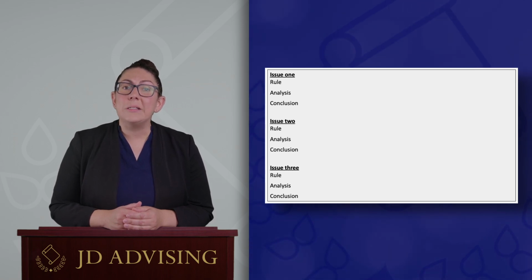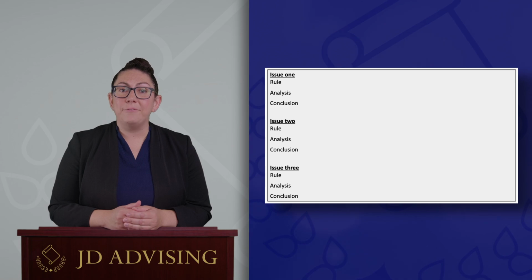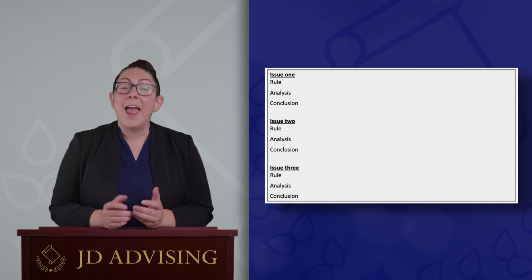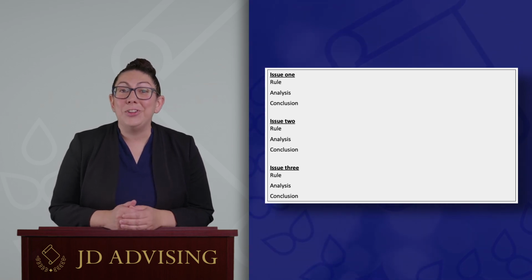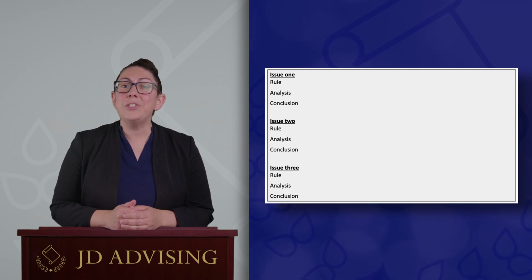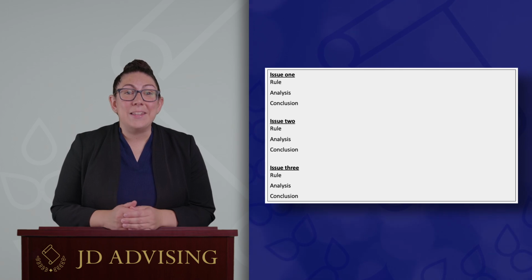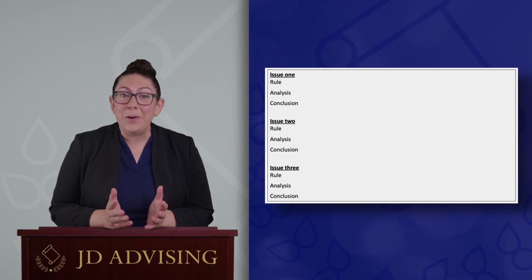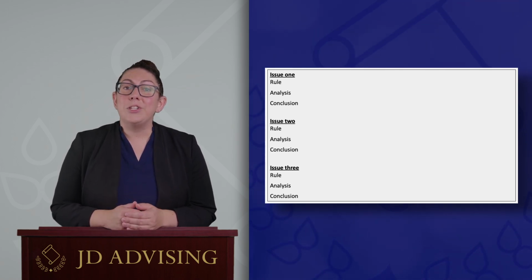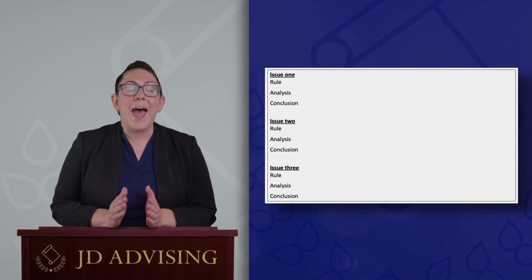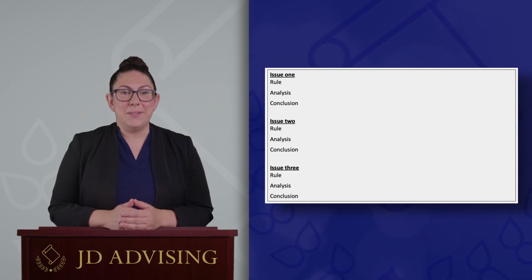And you should insert a space between each paragraph to emphasize your organization and also to make your answer look longer. And you would do this for every single issue. I mentioned earlier that some California essays have 30 or even more issues, so you would repeat this same formula for every single one of those issues.